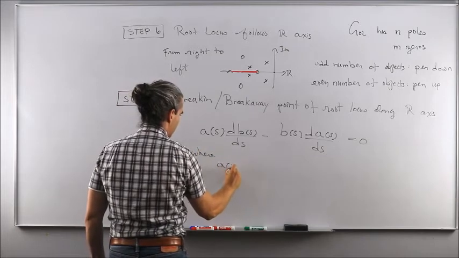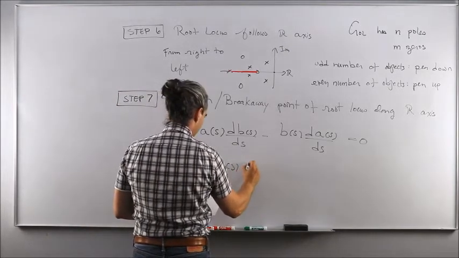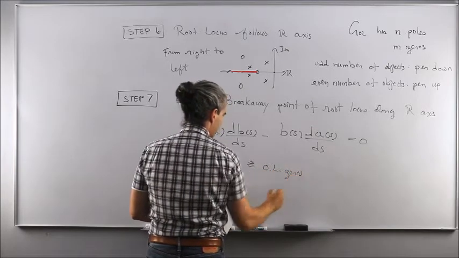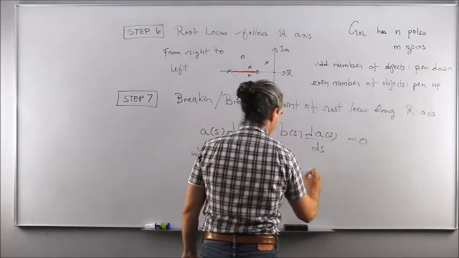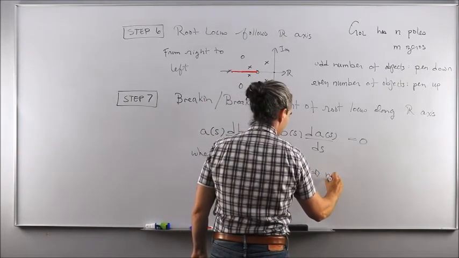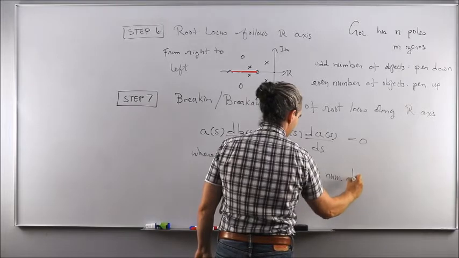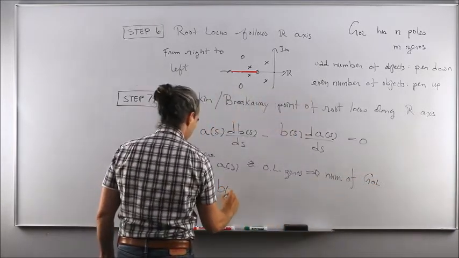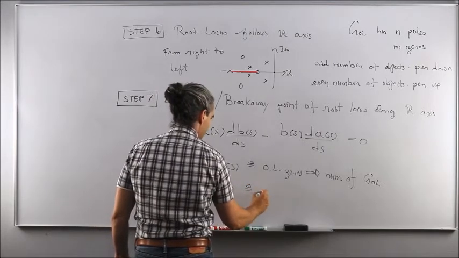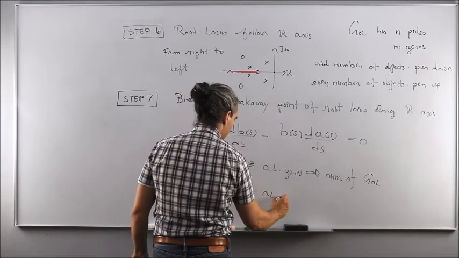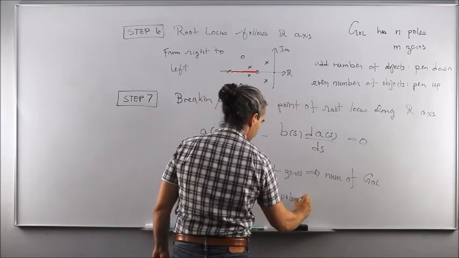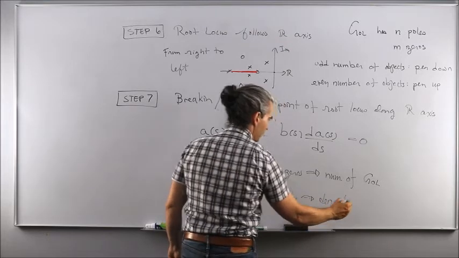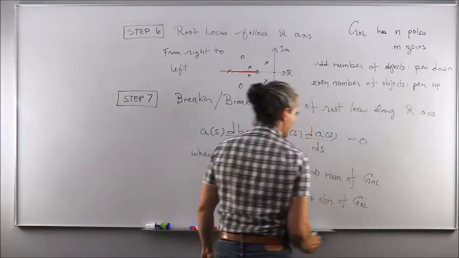Where A is the open loop zeros, or equivalently the numerator of your open loop transfer function, and B is defined as being the open loop poles, or the denominator of the open loop transfer function.